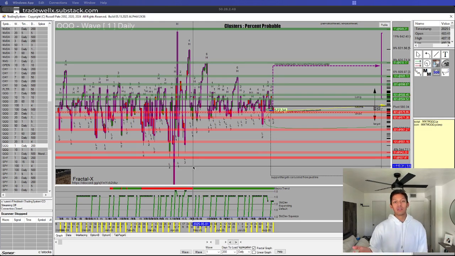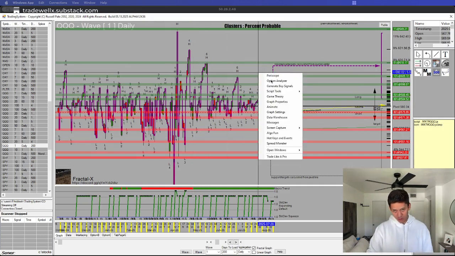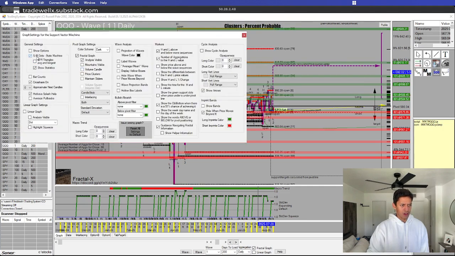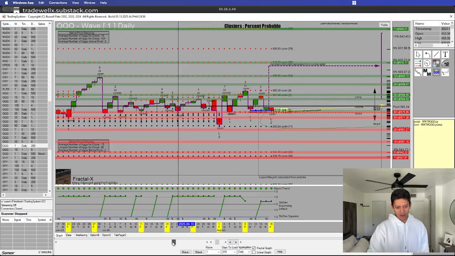So many times the market, the fractal will calculate for us when you turn on the open states feature, which I'll show you right here. Graph settings, turn on SR dots, state machine.